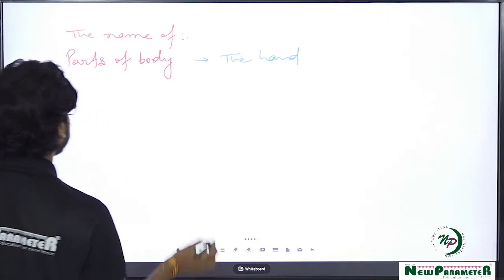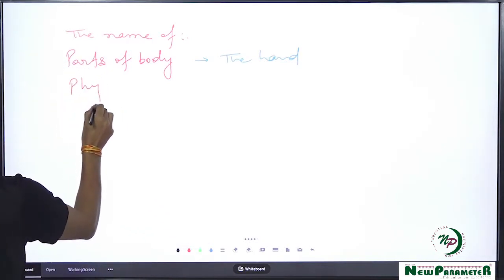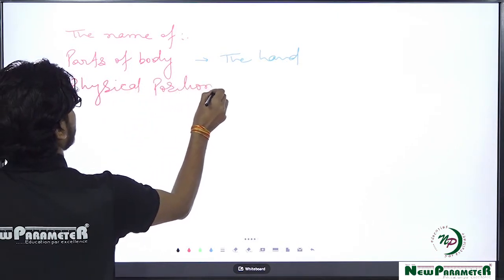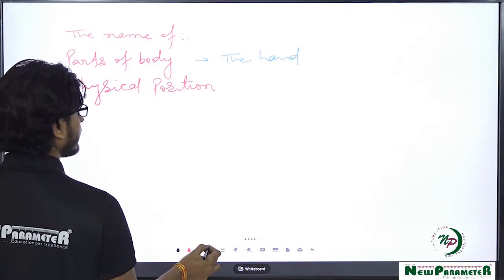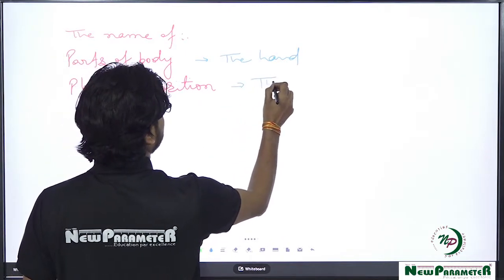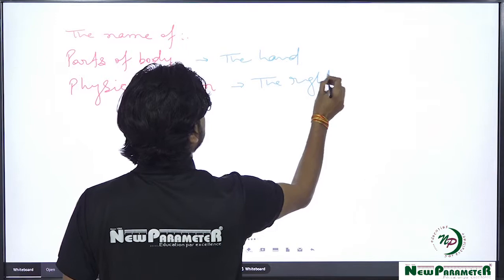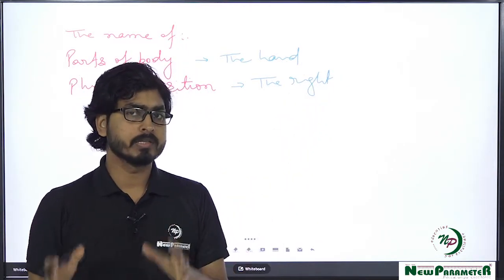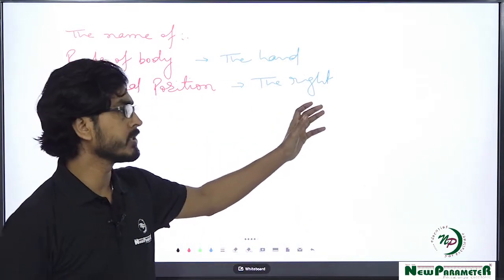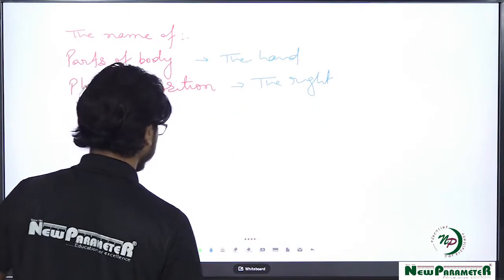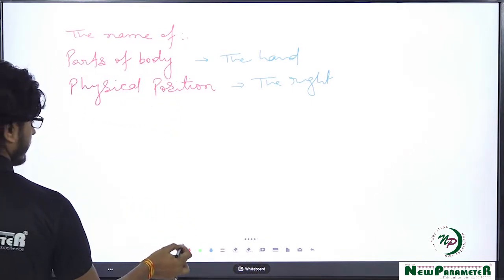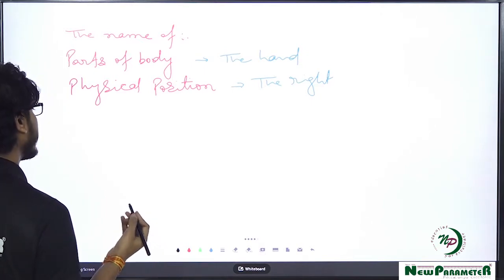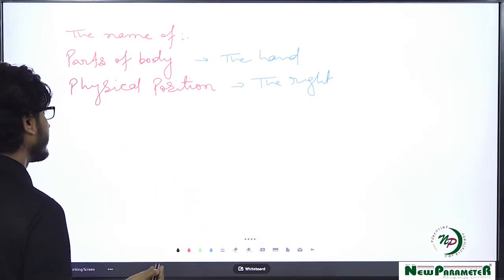You can also use it before physical position. What do you mean by physical position? It's very easy. If I say the right, the left, the bottom, the middle, these are examples of physical position. We must put article the before that. So physical position and parts of body have been done.